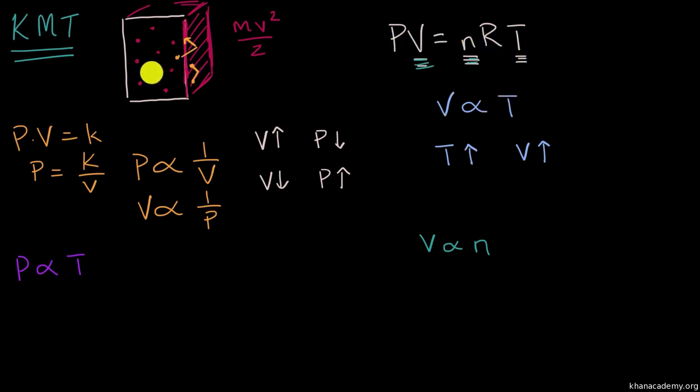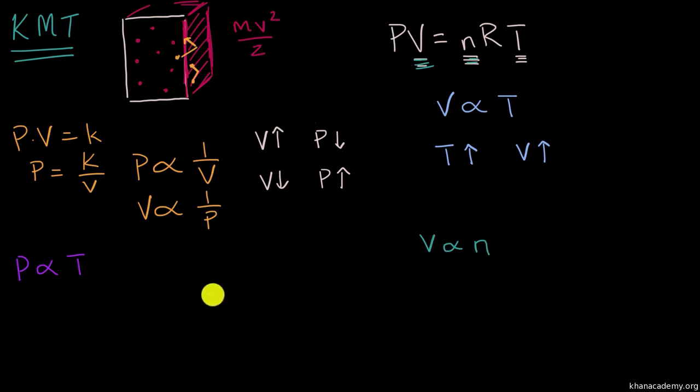If I were to double the number of particles here, but I don't want to change the pressure or the temperature, it makes sense that I would have to double the volume. Likewise, if I wanted to double the volume here, and I didn't want to change the pressure or the temperature, I would have to put twice as many particles in there, so I still have a sufficient number of interactions of the particles bouncing with the sides of the container so that I have sufficient pressure. And this notion is called Avogadro's law.